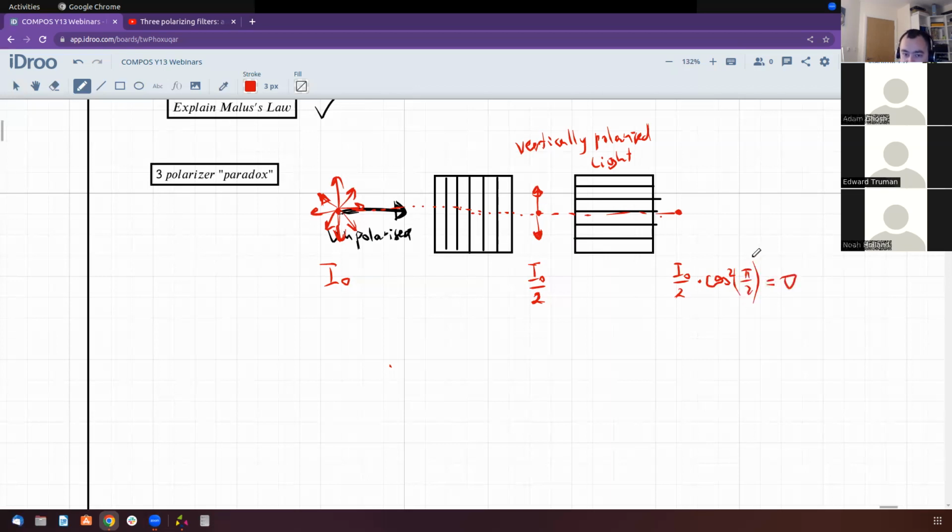So that's going to be 0. You're left with 0 intensity, and that makes sense. That's what you experience if you have two polarizers, one polarizing vertically, one horizontally, and you cross them: you have 0 transmission.